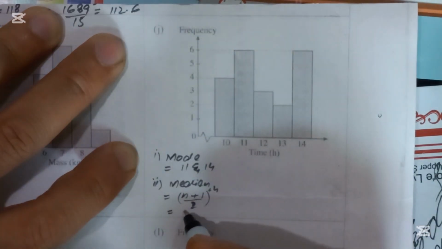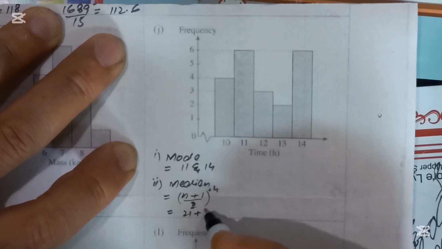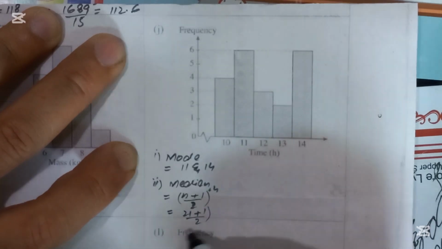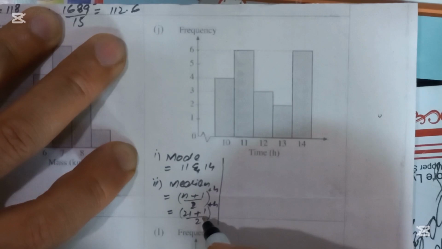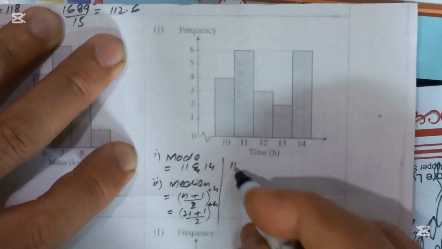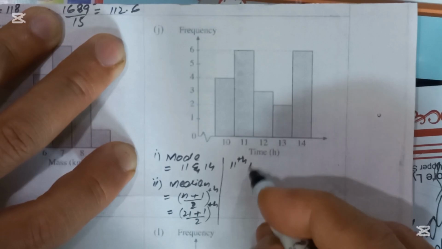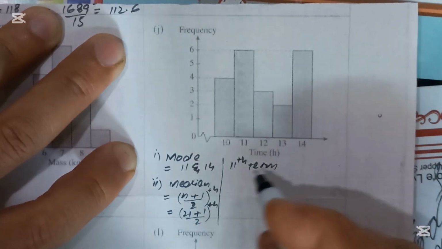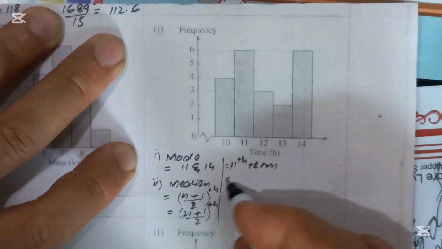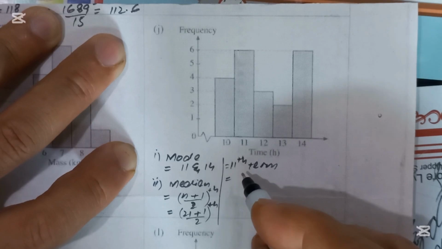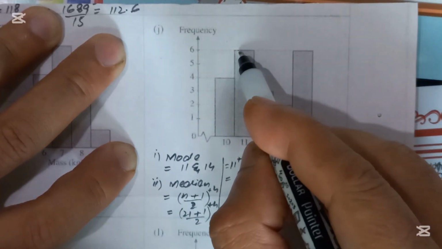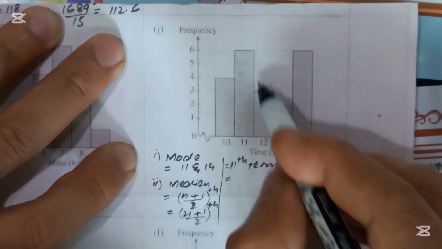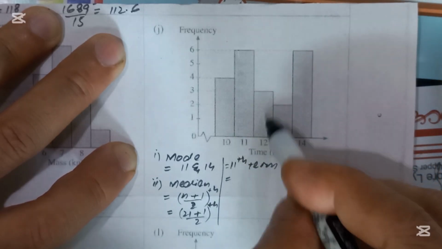So n is 21. Plus 1 divided by 2 th will remain as it is. 21 plus 1, 22, divided by 2 will be the 11th term. And now we will check the 11th term. So here are 4 terms, that is 6 will make 10, and the 11th term will lie here, that is 12.